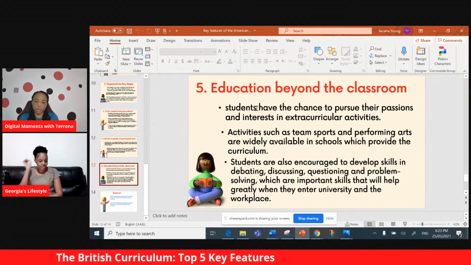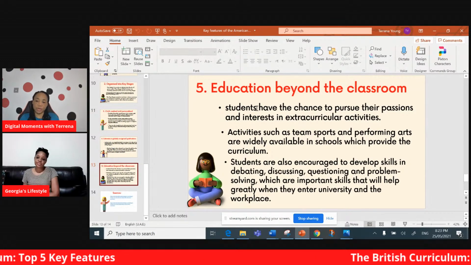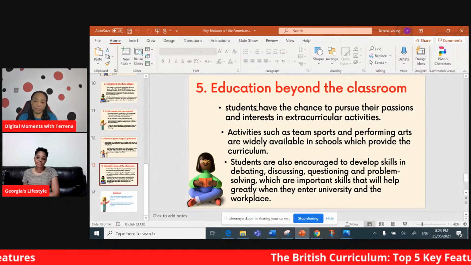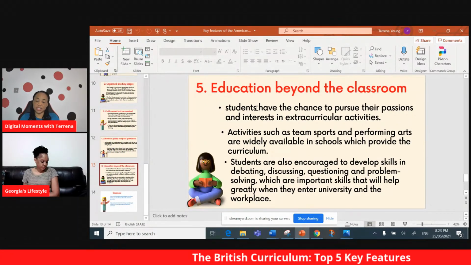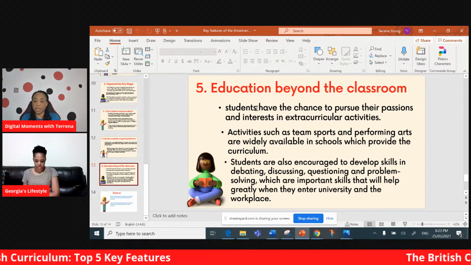And both curriculums bring this out, because we mentioned this earlier with the American curriculum. Activities such as team sports and performing arts are widely available across the school.